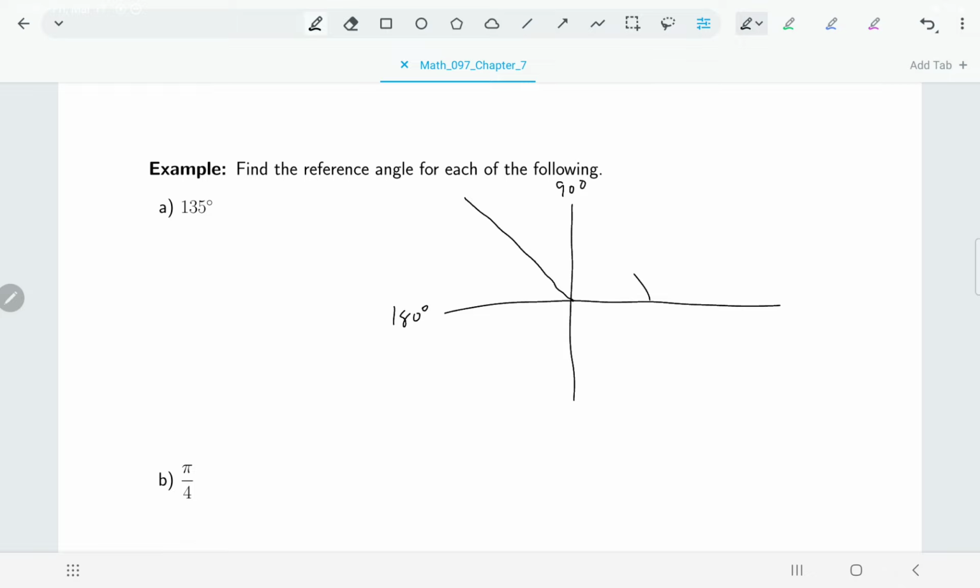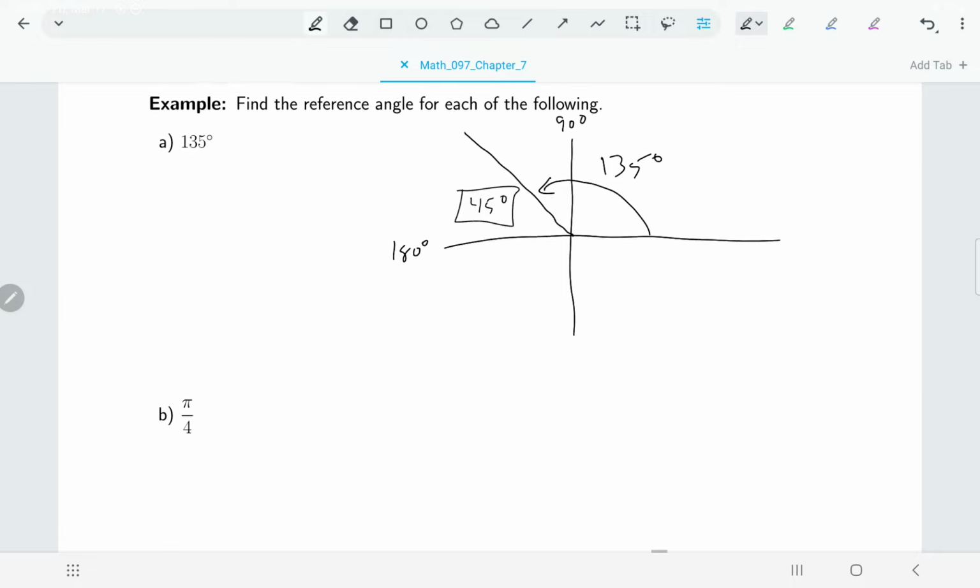So 135 is going to be somewhere in quadrant 2. If it's 135 degrees to get to here and 180 to get to the negative x-axis, then my reference angle is just the difference between 180 and 135, which happens to be 45 degrees. So my reference angle is 45 degrees.